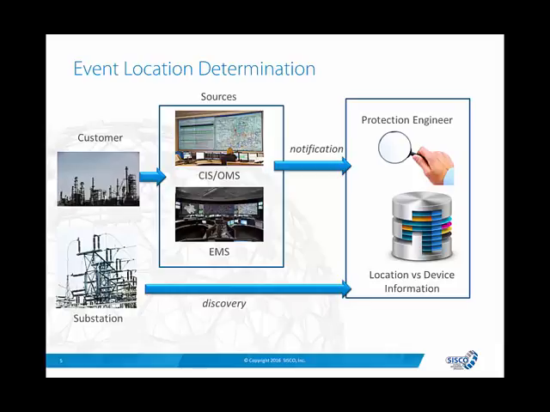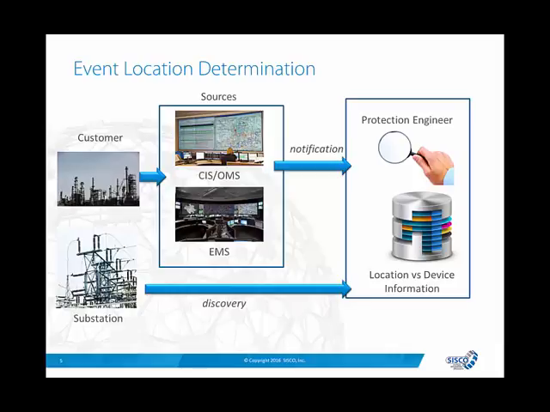Devices in the field actually capture this information in real time. The next problem is, how does a protection engineer know where and to which devices to go to actually retrieve the information? There are a couple of different ways that the protection engineer can be notified of where to look. In one case, a customer can call and say, I've had an outage.